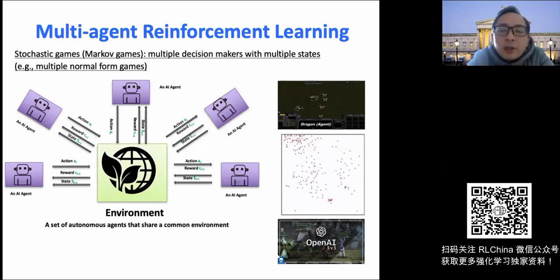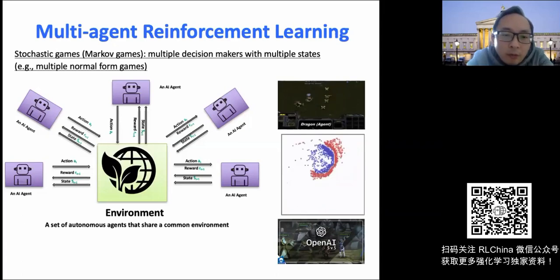So this is a very generic, what we call a Markov game. We formulate it as a Markov game or stochastic game. So it's an extension of the Markov decision process we just mentioned.